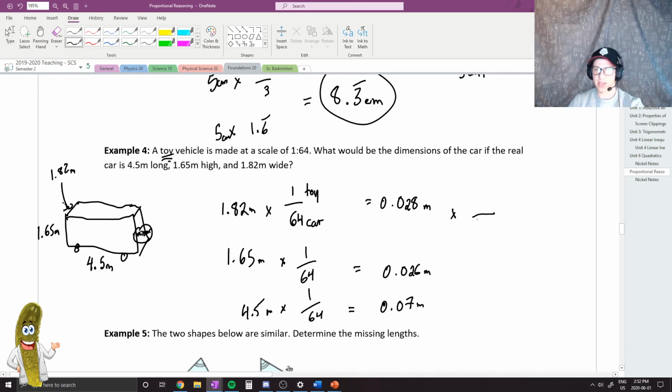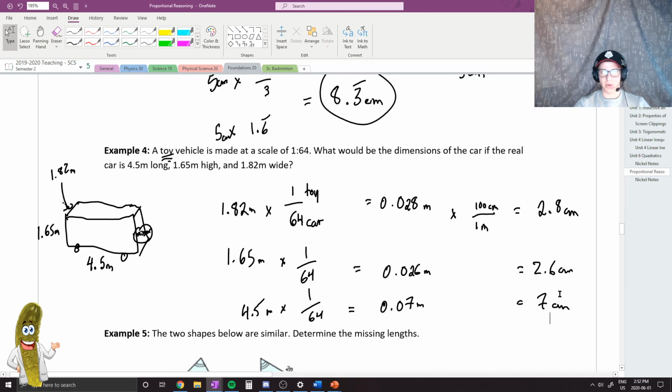So what I did is I said, well, I know that for every 1 meter, there's 100 centimeters. So I just multiplied all these values by 100 and converted them instead into centimeters. So this was 2.8 centimeters, this was 2.6 centimeters, and this was 7 centimeters. Were the final answers that we ended up with. So the toy car would have a length of 7 centimeters. It would have a height of 2.6 centimeters and would have a width of 2.8 centimeters.